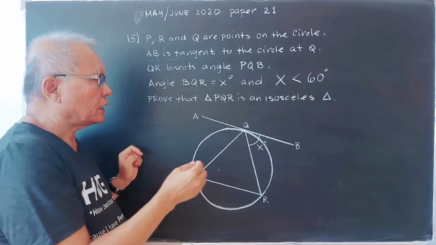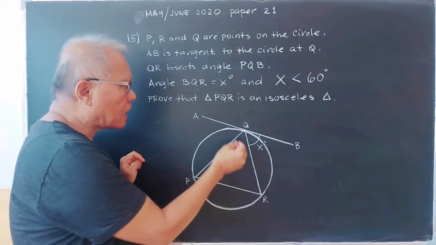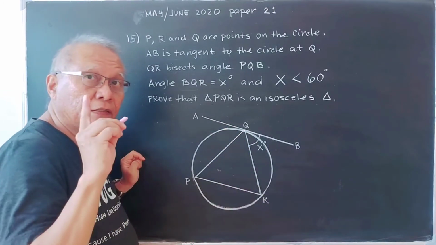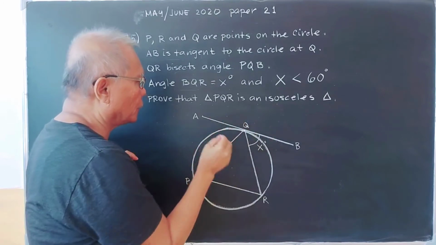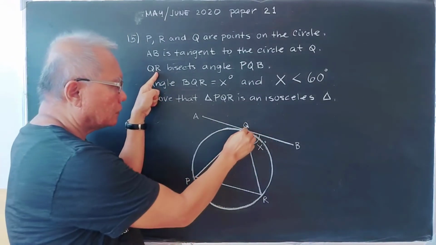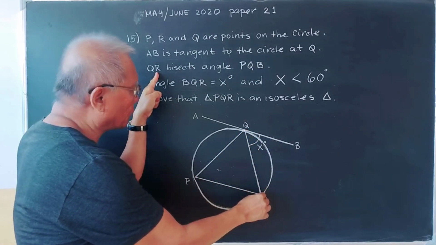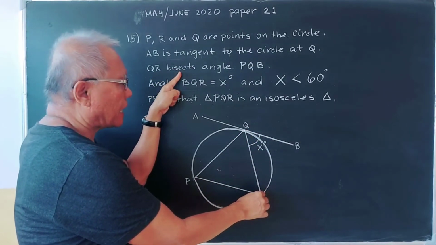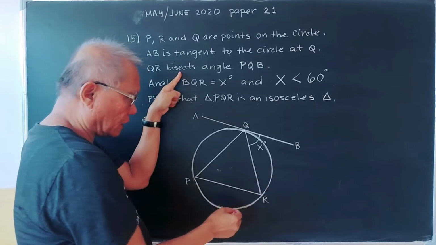Tangent means a line that intersects our circle at only one point. So at point Q, we have the tangent AB. QR, this one, bisects angle PQB.